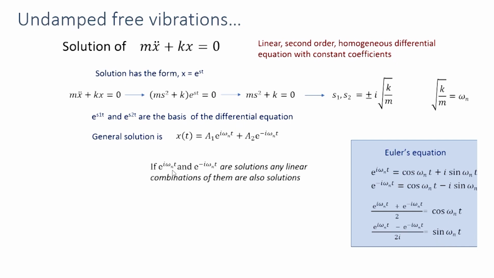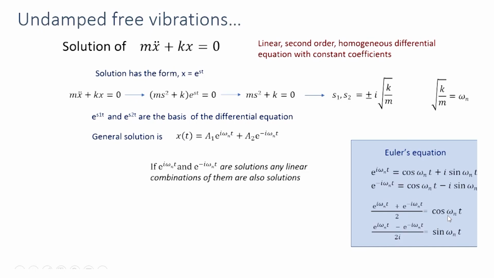So if e to the power i omega n t and e to the power minus i omega n t are solutions of our differential equation, any linear combination of these solutions should also be a solution of this differential equation.